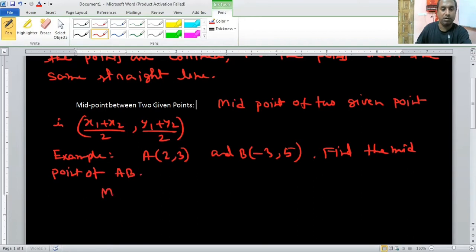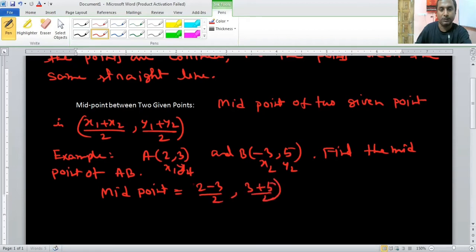So very simple, midpoint equals x1 plus x2. Let me consider x1, y1. This is x2, y2. So let me write here (2 minus 3) divided by 2, (3 plus 5) divided by 2. So the answer is minus half, and 3 plus 5 is 8, 8 by 2 is 4.